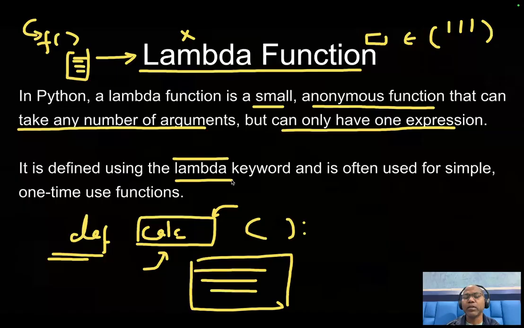So in Python, we clearly mention that this function or expression is a lambda by using the keyword lambda. In other programming languages like Java or Scala, they might use different syntax, but in Python they use lambda as a keyword.